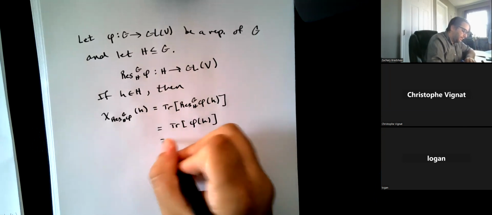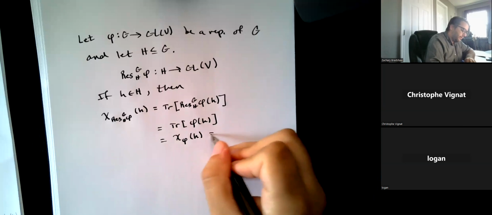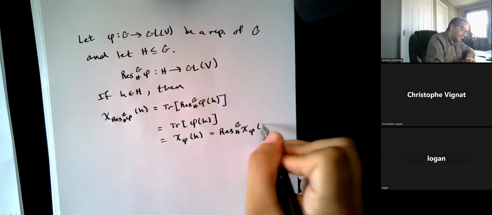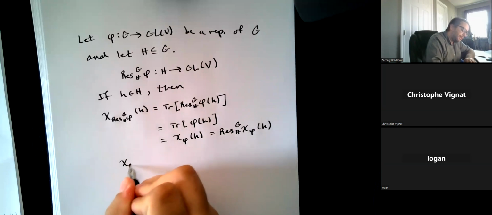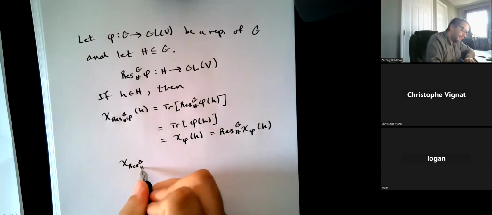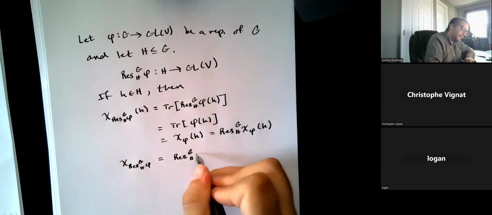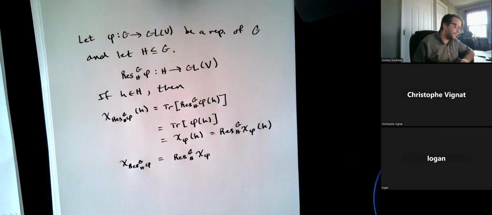And this is equal to chi phi at h, which is the restriction from G to H of chi phi acting on h. So in other words, the character of the restricted representation is equal to the restriction of the character of the original representation. So this restriction map kind of factors through the character.